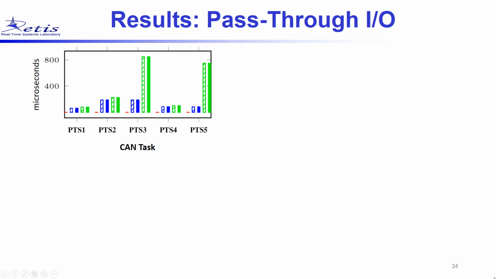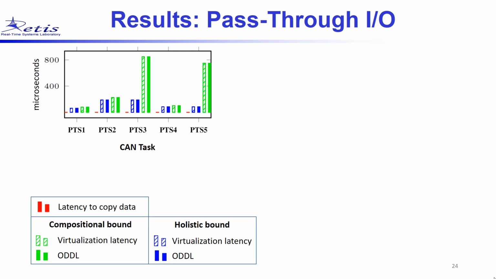Now let's have a look at some results for pass-through I/O and in particular for the CAN task. Here we are measuring the ODDL and we are decomposing it into latency to copy data and virtualization latency. Furthermore, we consider 2 different bounds, the purely compositional one and the holistic bound.